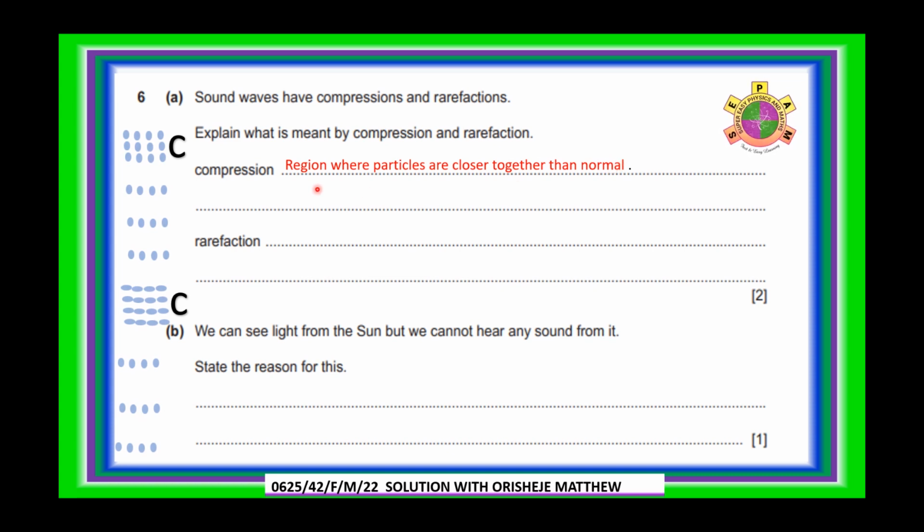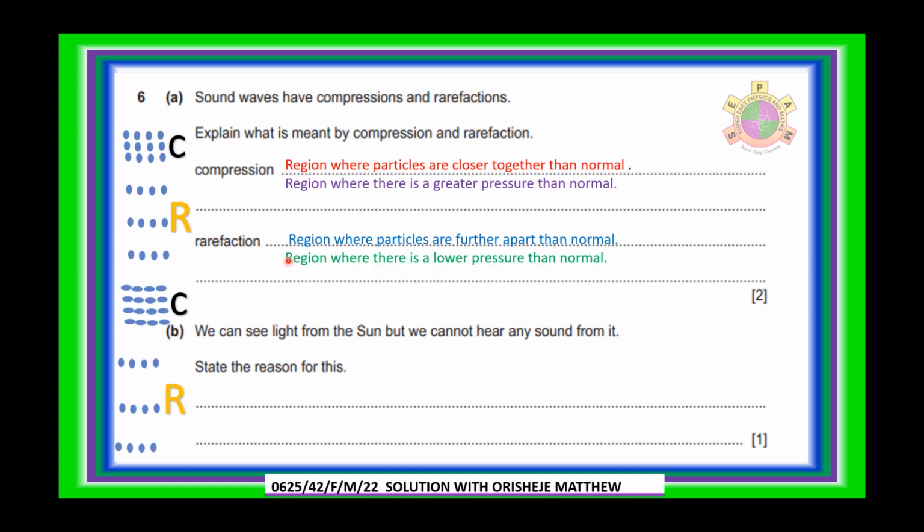That is what we call compression. Rarefaction is a region where the particles are farther apart than normal, or the pressure is lower than normal. So you have this with this animation on the left hand side.